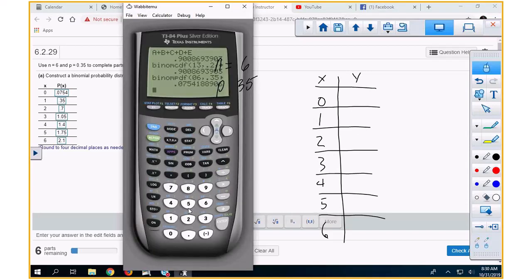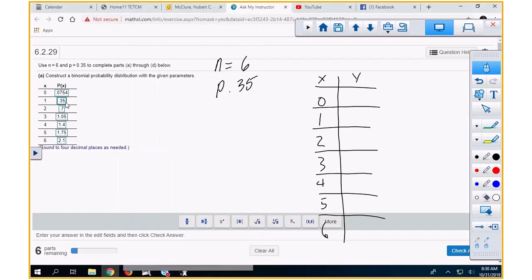So what am I going to hit? I'm going to hit second, enter, and now I'm going to type in what? 1. And that's going to be 0.2437.